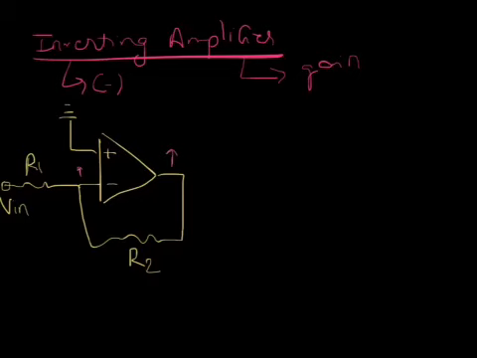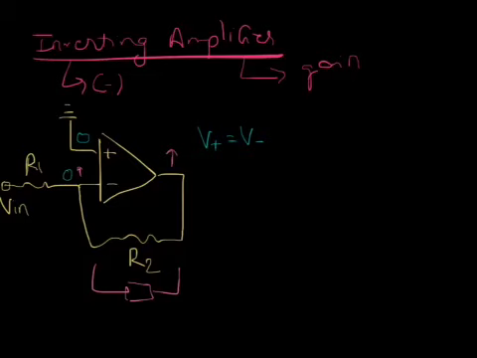Just because there's a resistor, no matter which component is here, this can be any kind of component which does not have a negative sign in its transfer function, and negative feedback will be ensured. So now that we know negative feedback is ensured, we know that V plus has to be equal to V minus. We know that V plus in this case is 0 volts, it's ground. So V minus is also 0 volts.